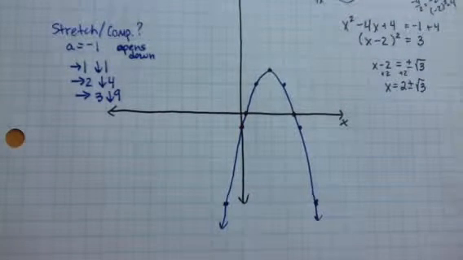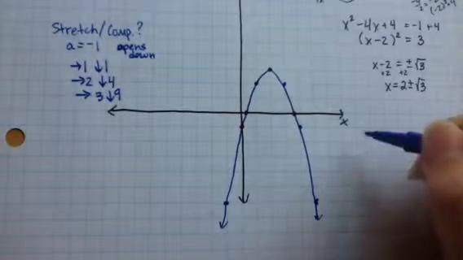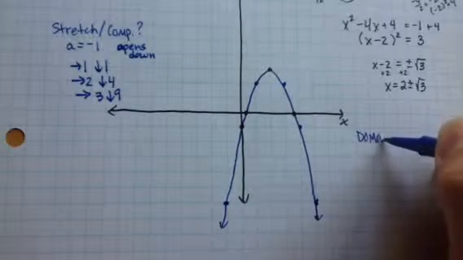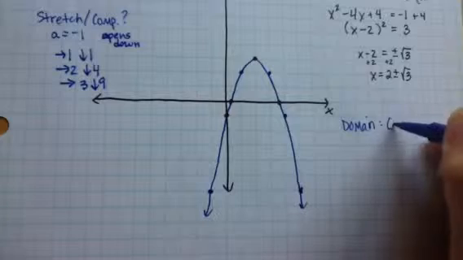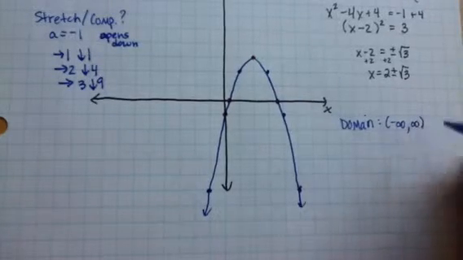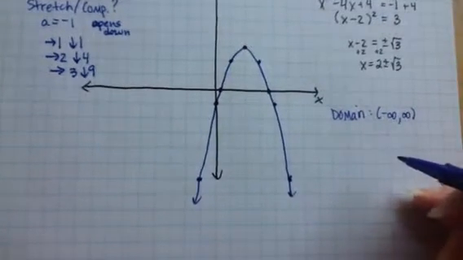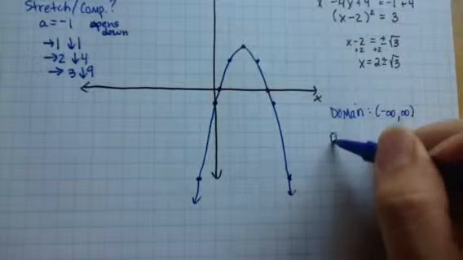Now let's answer some questions about this parabola. Let's start off with domain and range. Domain is an easy question to answer for parabolas. The domain for a parabola is always negative infinity to infinity. Now the range is going to be different depending on if the parabola opens up or down.